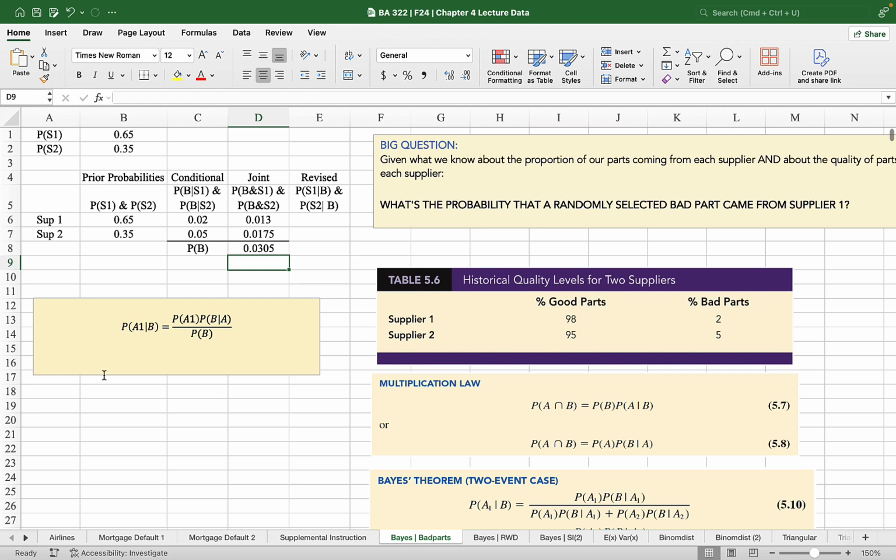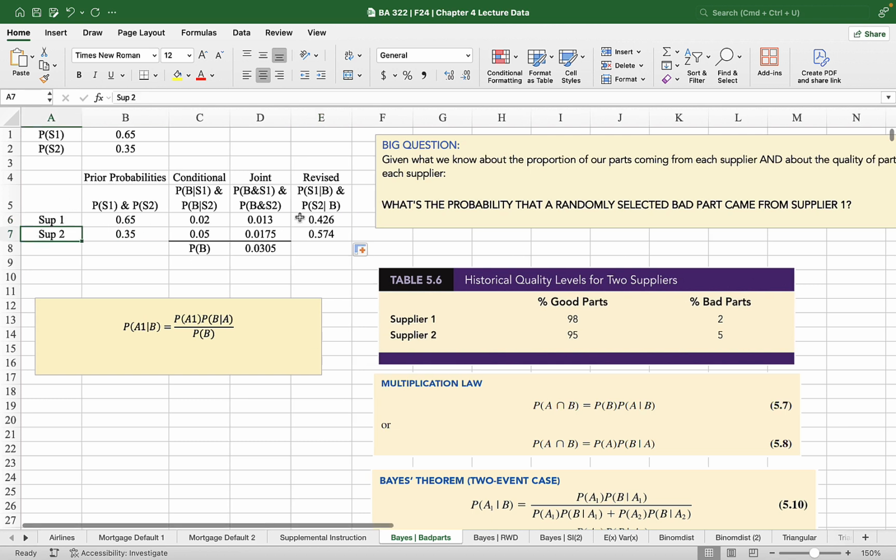So then if I want to get this revised probability, the probability that it came from supplier 1 given that it's bad, I'd just think, okay, 1.3% of my parts are bad and from supplier 1, divided by the 3% that are bad in total. So once I know that a part is bad, the probability that it came from supplier 1 is 42.6%.